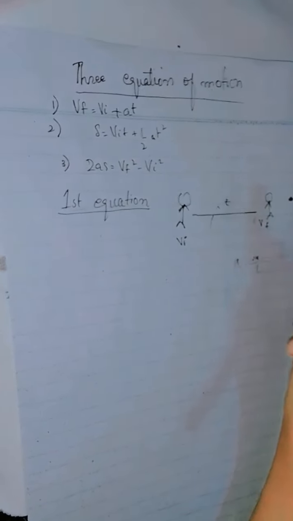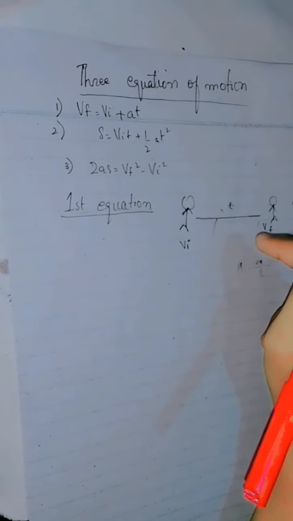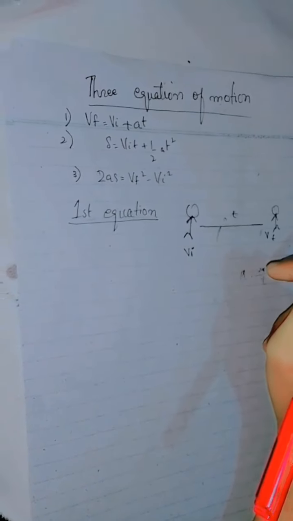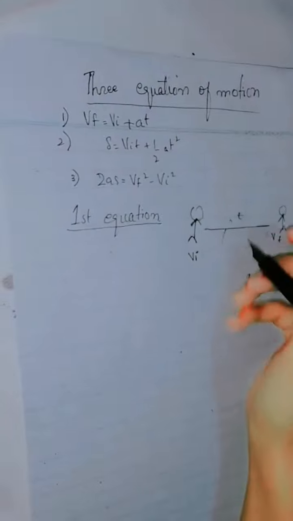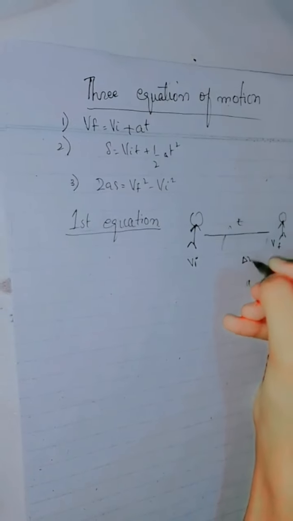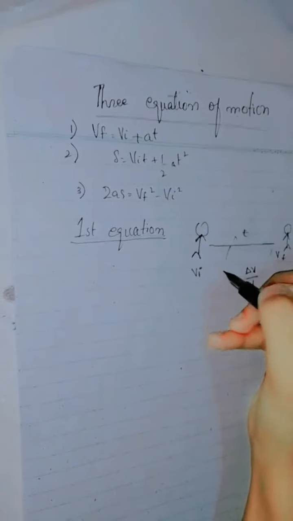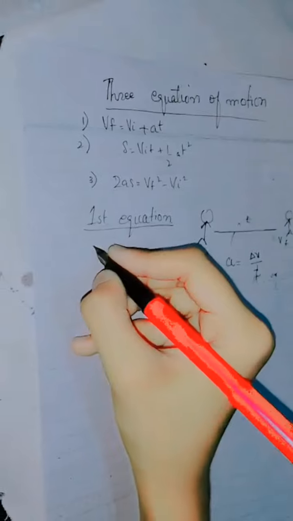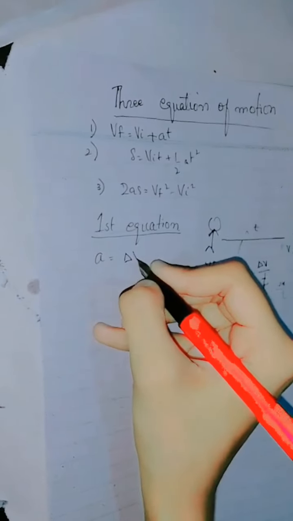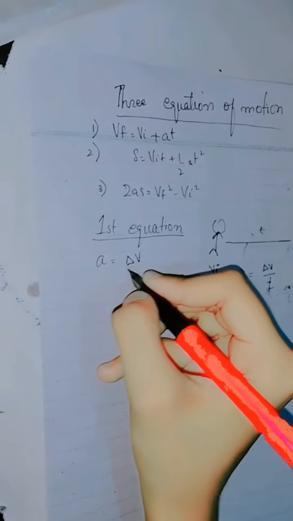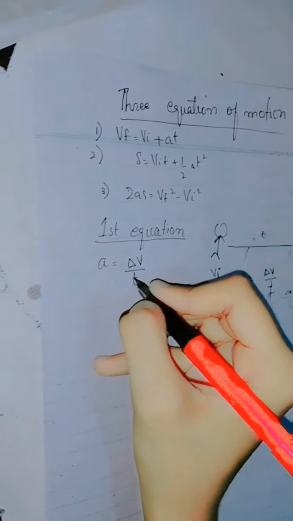So we know that the rate of change of displacement is known as velocity. Change in velocity over time is the formula of acceleration. So we are going to derive through acceleration. Acceleration is equal to change in velocity upon time.